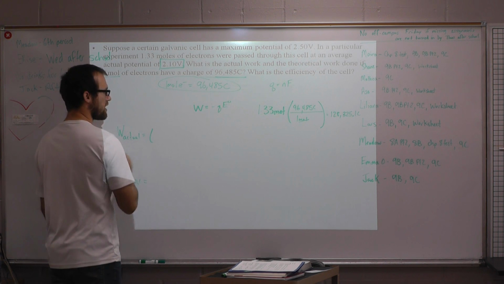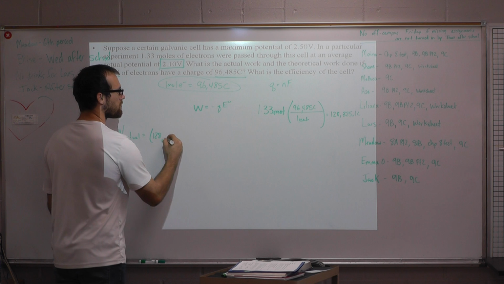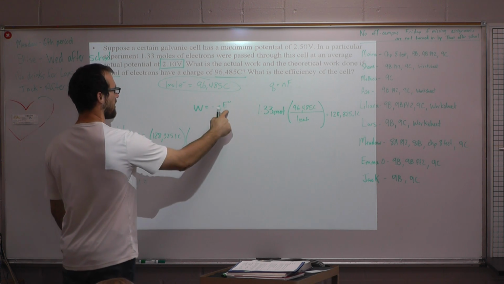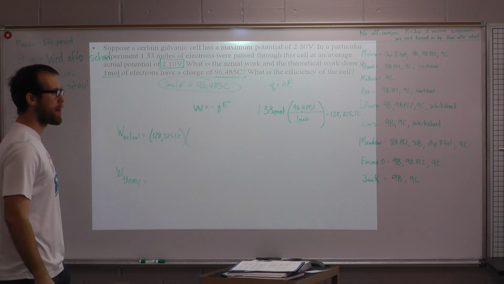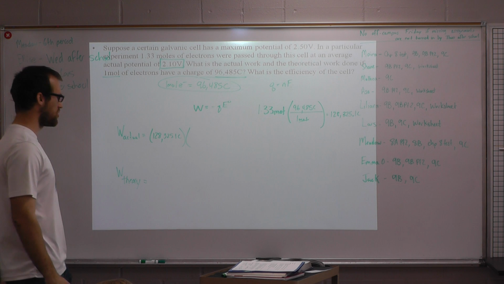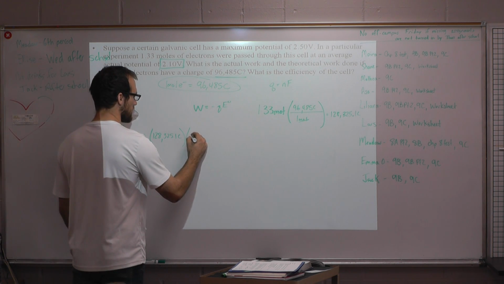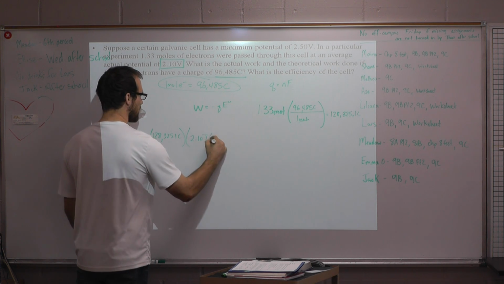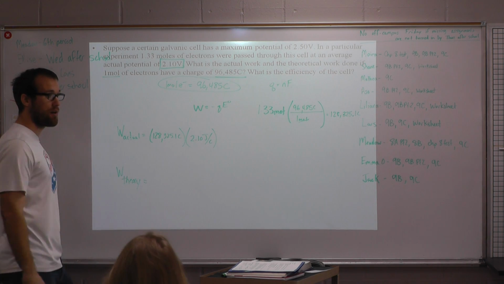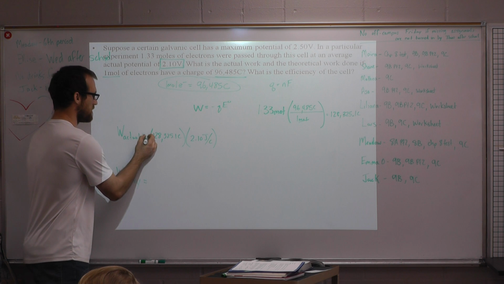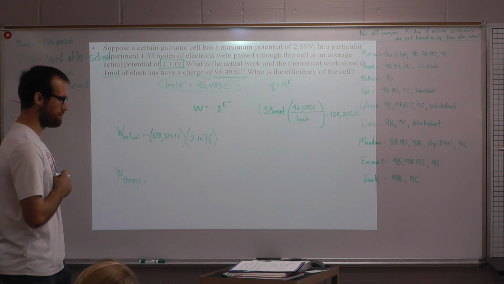So our actual, and our cell potential for our actual was 2.1, and I'm going to put it in units that make sense. I said a volt was the same as a joule per coulomb. So that will allow our coulombs to cancel out, giving us our work done in joules. I need my negative here. My bad.